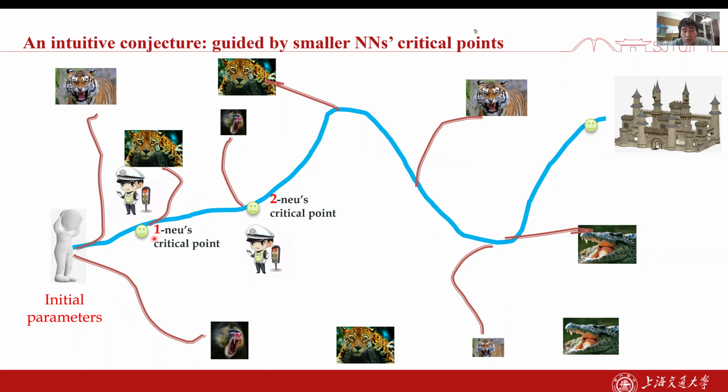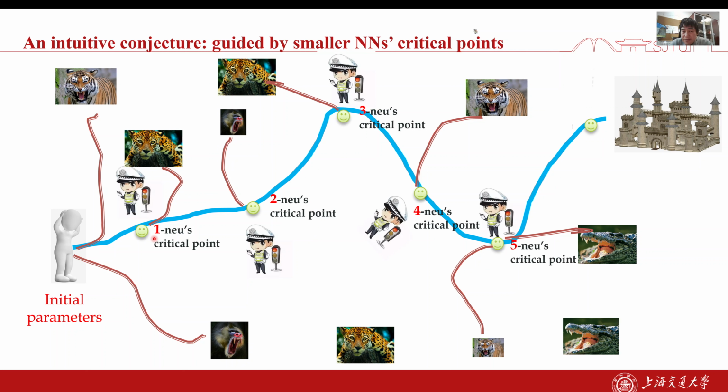This is also a critical point, and it will attract your training trajectory, just like a policeman guiding you to go. Then following this guidance, you can get to the three-neuron network's critical point, and the fourth and fifth, and finally obtain the network that can fit your training data.